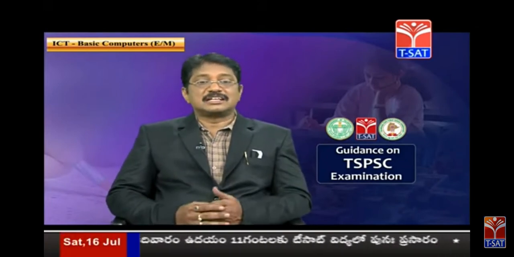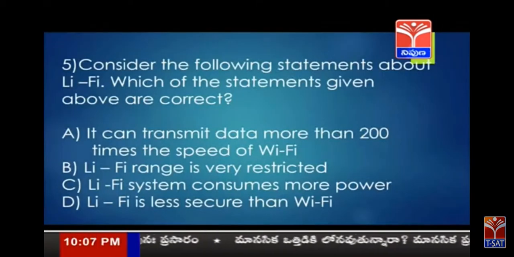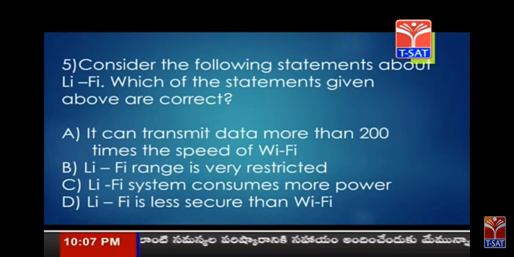Now the question which was asked on the Li-Fi concept. Okay, so here the options are: it can transmit data more than 200 times the speed of Wi-Fi. Li-Fi range is very restricted. Li-Fi system consumes more power. Li-Fi is less secure than Wi-Fi. These are the 4 statements given as 4 options A, B, C, D here. So which statement is correct?